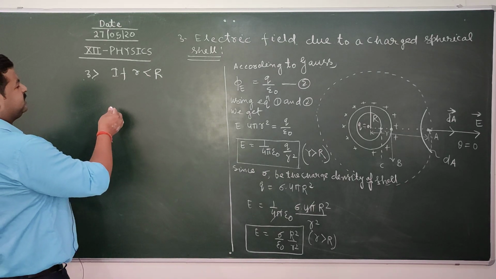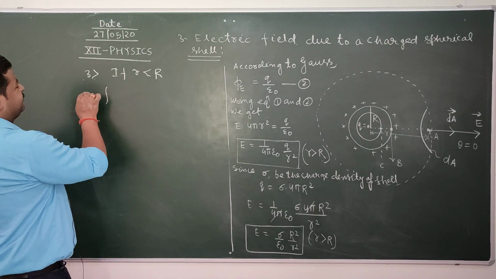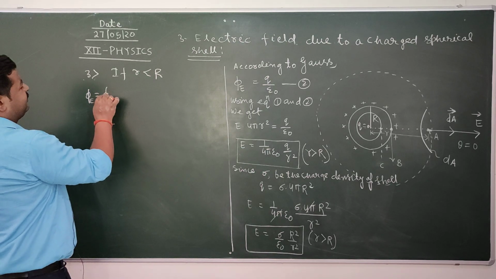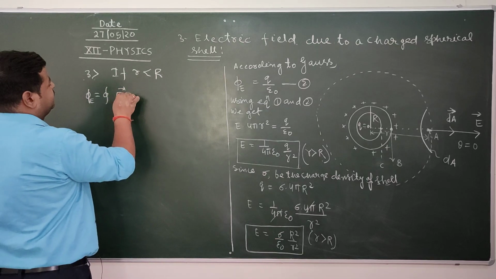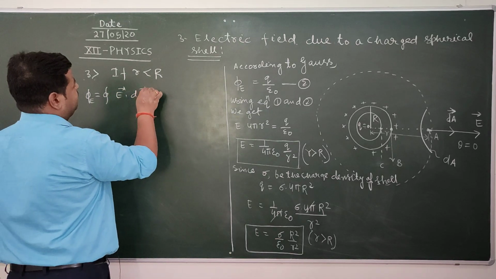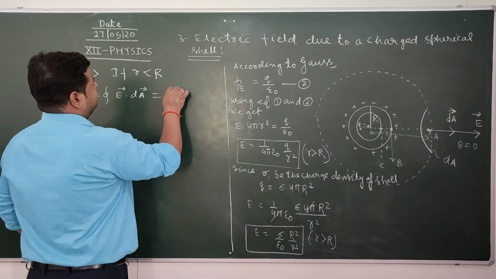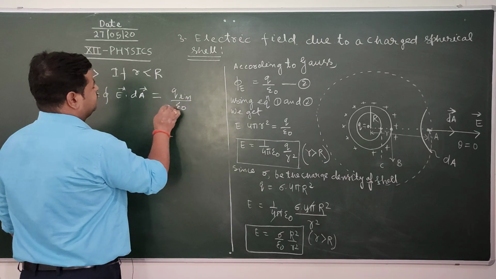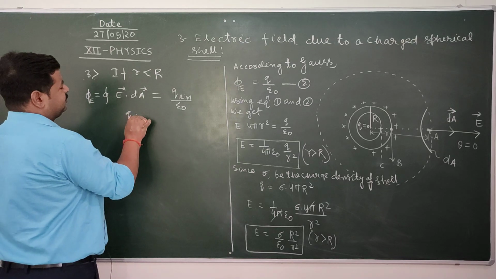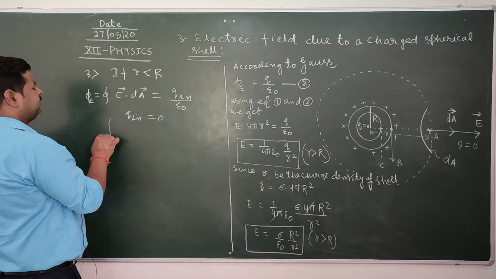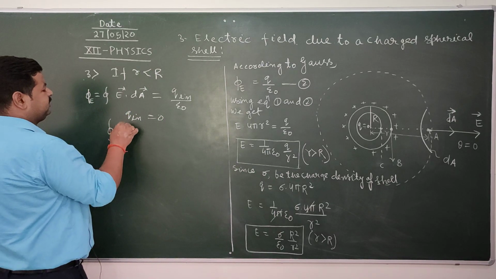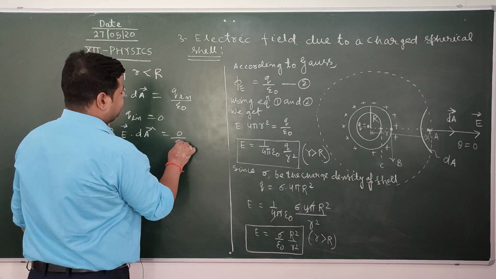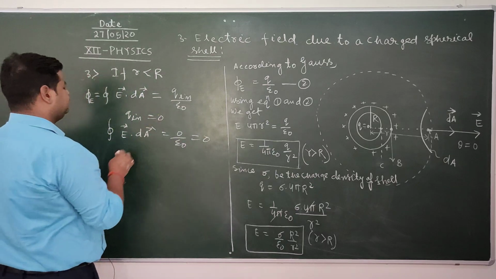So what will be the electric field inside? First we calculate phi E is equal to the integral of vector E dot d vector A, which is equal to Q in by epsilon naught, but Q in is equal to 0. Therefore we write the integral of vector E dot d vector A is equal to 0 by epsilon naught, that is equal to 0.